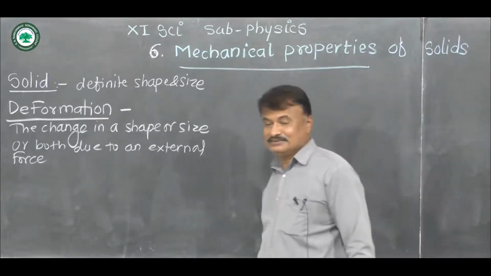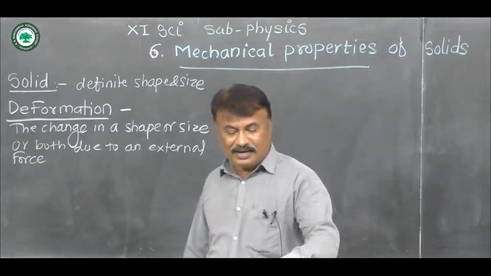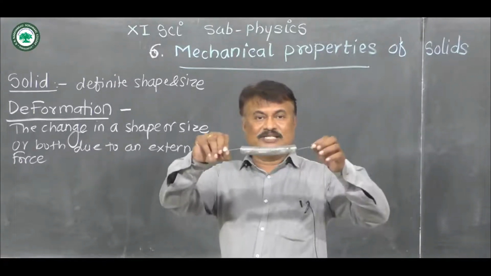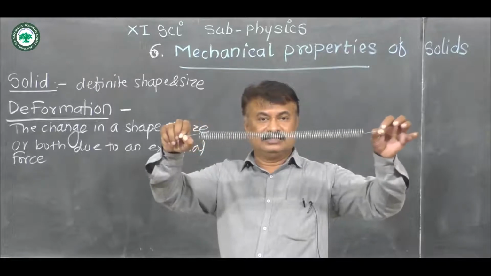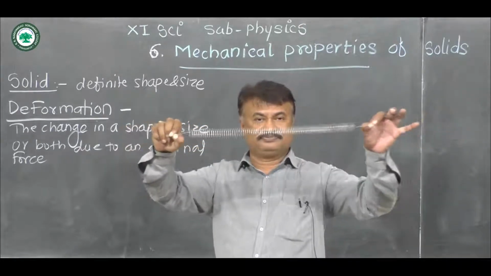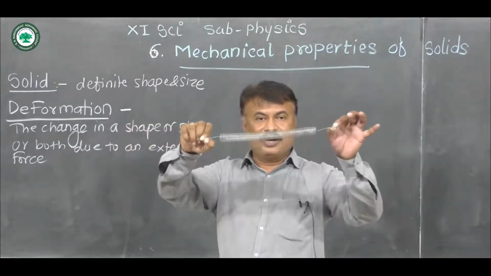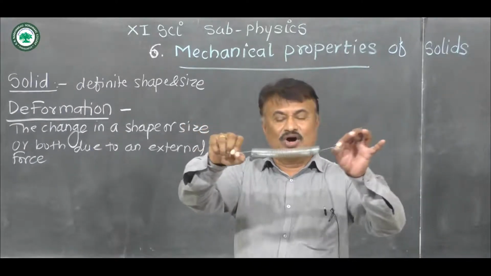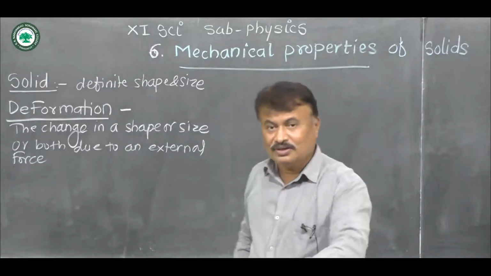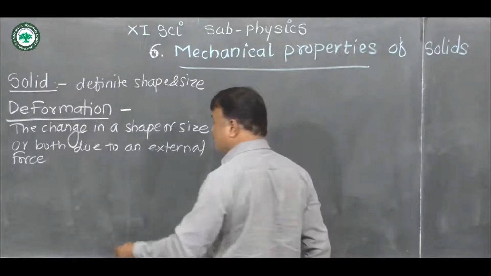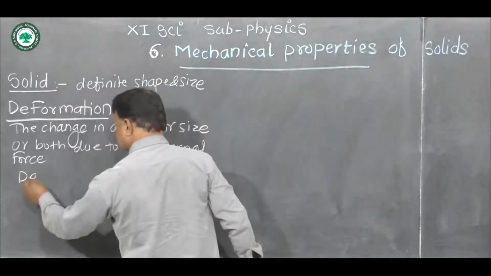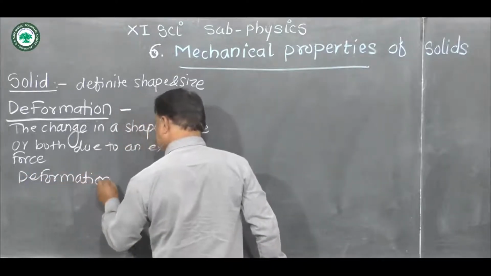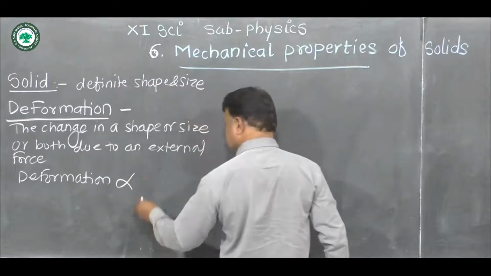Now we know that if we apply a large force on the two ends of the spring, then deformation is large. If we apply a small force, then deformation is small. Therefore, we can say that this deformation depends upon the deforming force.